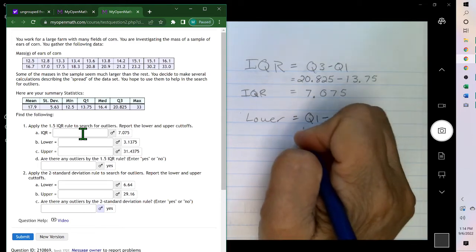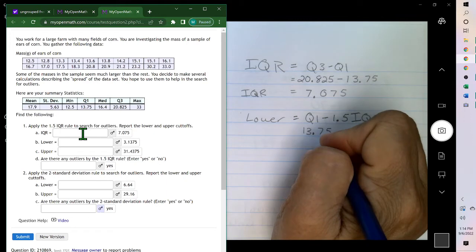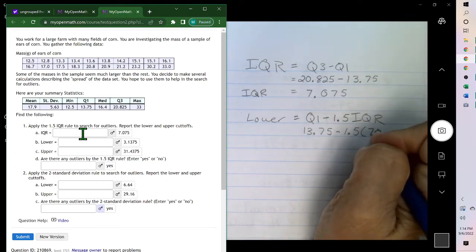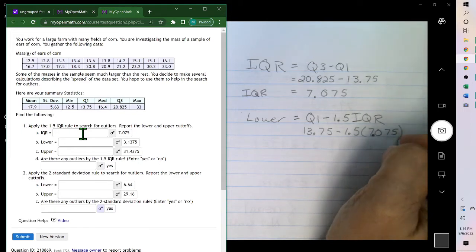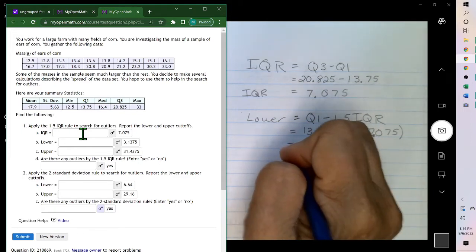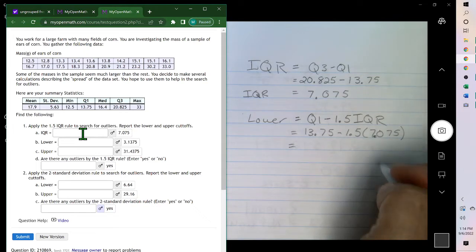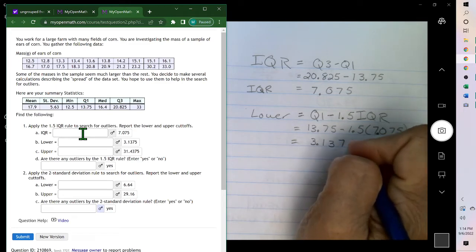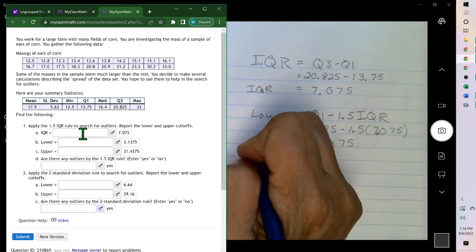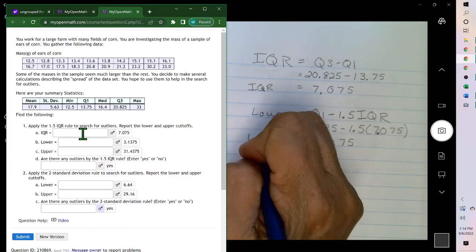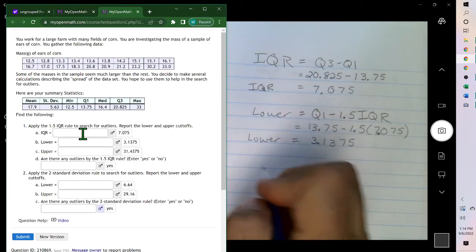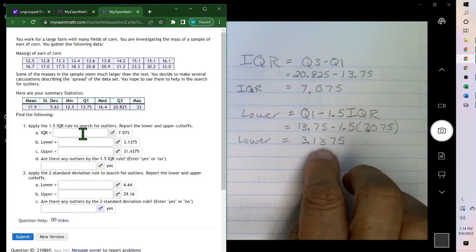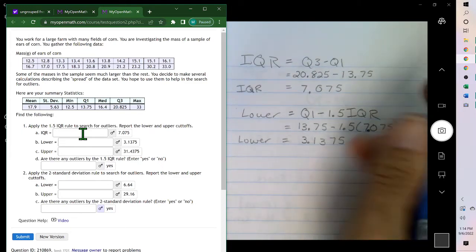So Q1, 13.75 minus 1.5 times 7.075, and we get 3.1375. This tells us the lowest value. If anything is lower than this, it's an outlier.